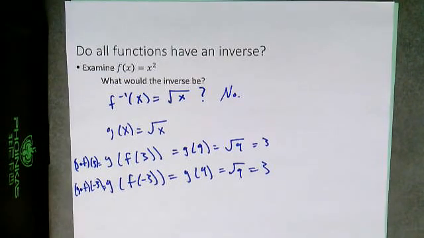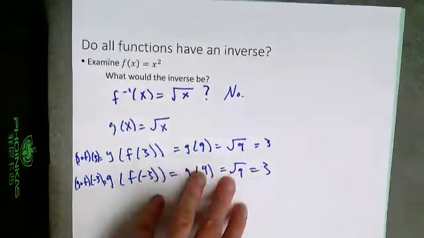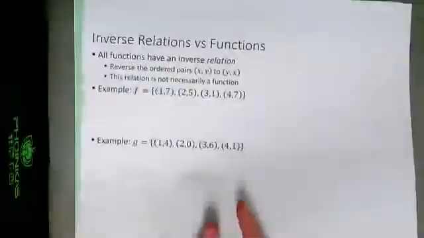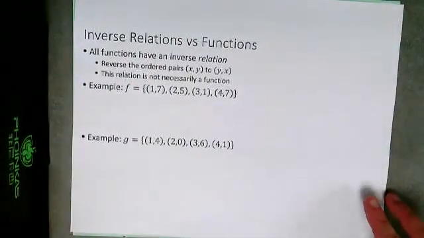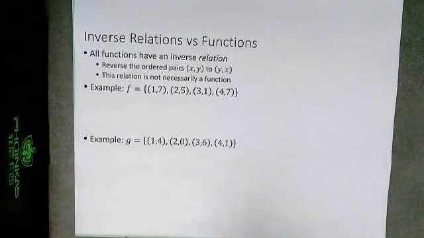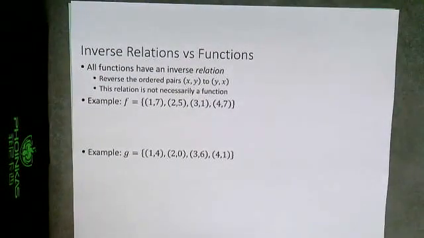We'll come back to that example in a second to find out how we can find an inverse out of that function. Inverse relations versus functions. All functions have an inverse relation, and it's just reversing the ordered pairs x and y to y, x. This relation is not necessarily a function.